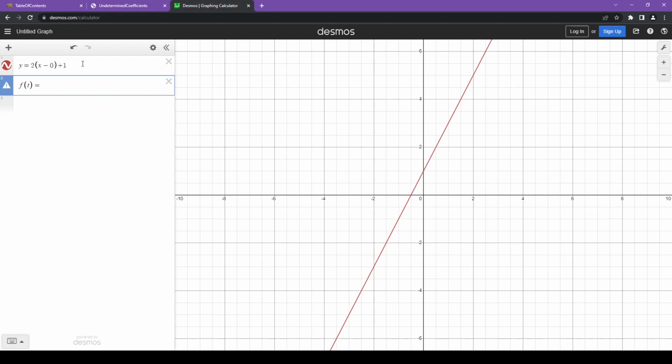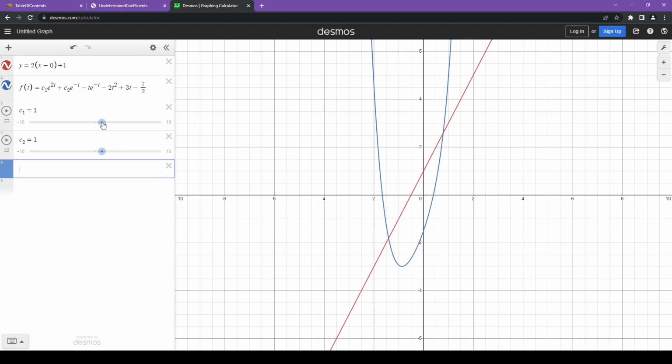All right, and so we'll set the values for c1 and c2 in a second. It is c1 e to the 2t plus c2 e to the negative t minus t e to the negative t minus 2t squared plus 3t minus 7 halves.